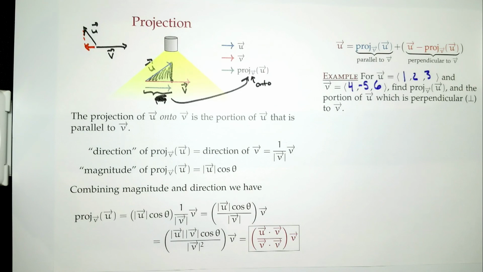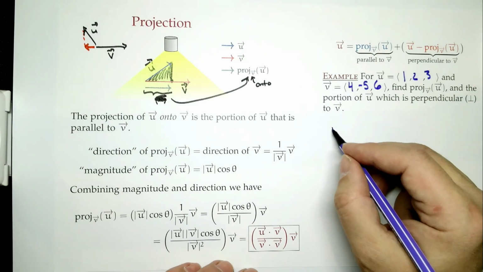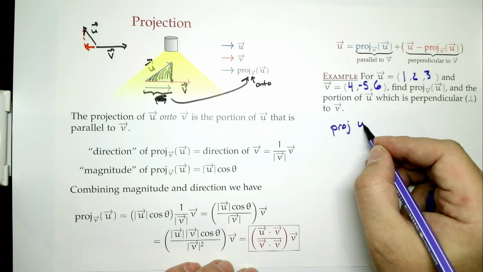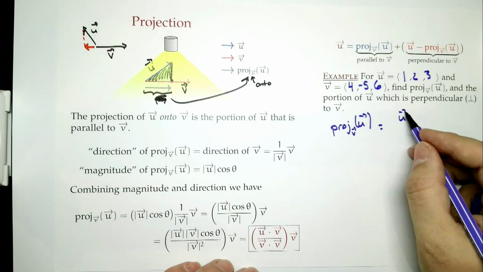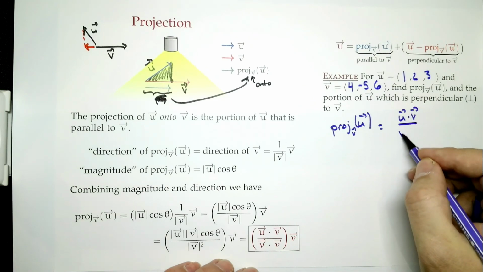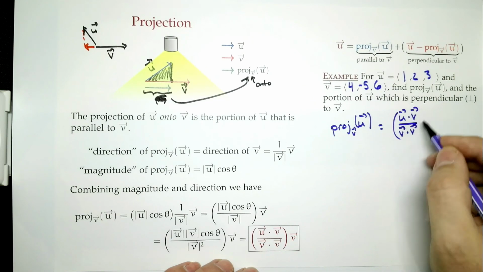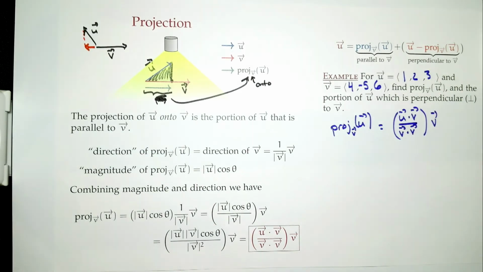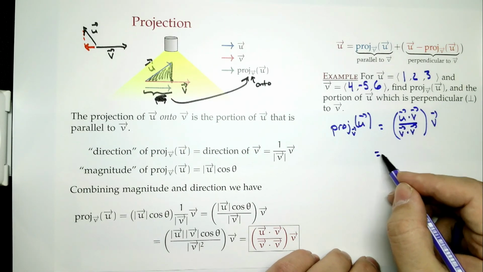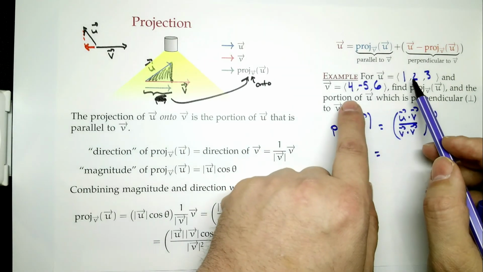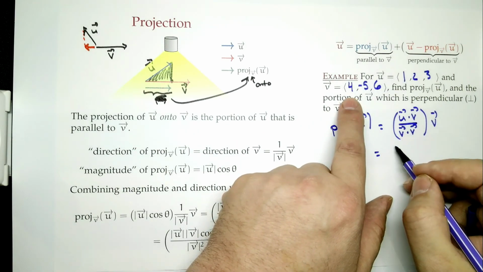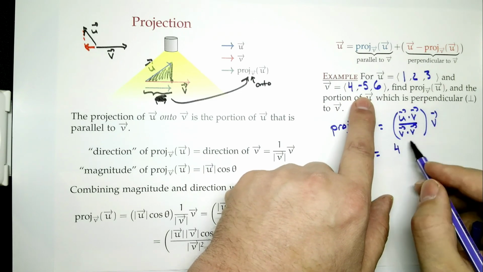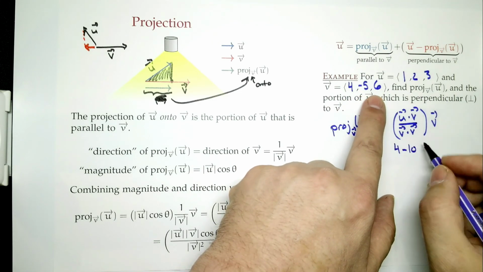So, here we go. If I want to find the projection of u onto v, it's u dot v over v dot v times v. So that's the formula. It's good to know the formula. Okay, what is u dot v? Well, we do it. So it's (1, 2, 3) dot (4, -5, 6). So we have 4 minus 10, and 18.